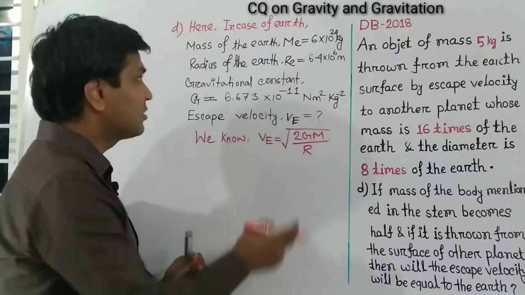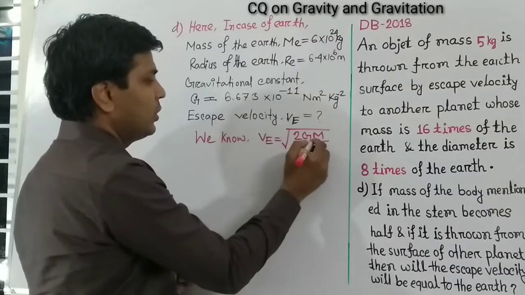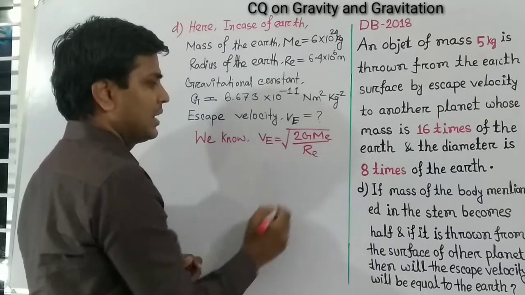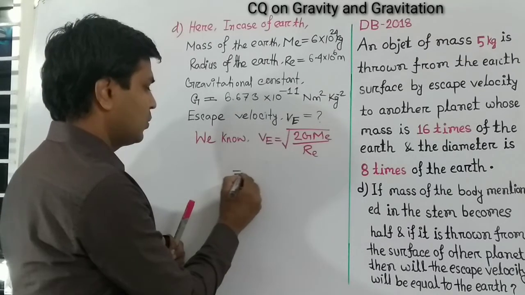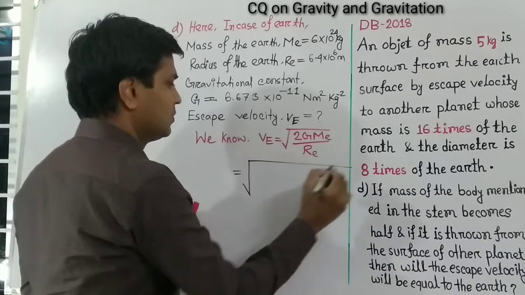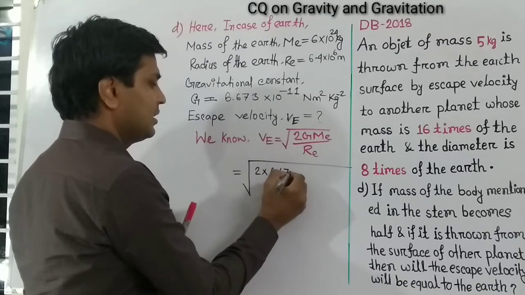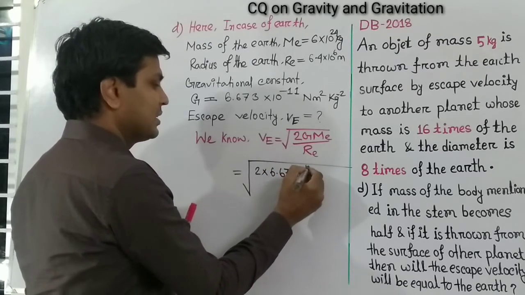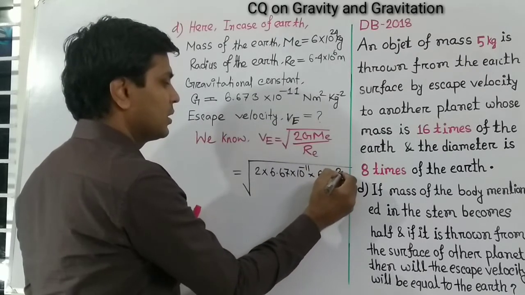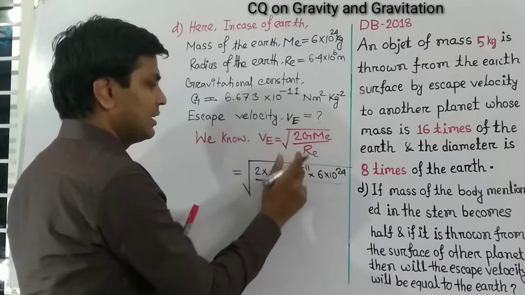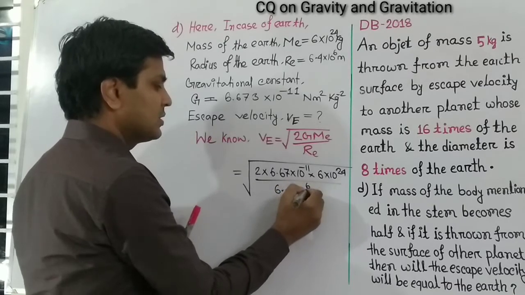But in case of the earth, we can write here ME divided by RE. Now, if we put the value of quantities, then we can write 2 into 6.67 into 10 to the power minus 11. The value of M is 6 into 10 to the power 24, and the radius of the earth is 6.4 into 10 to the power 6.